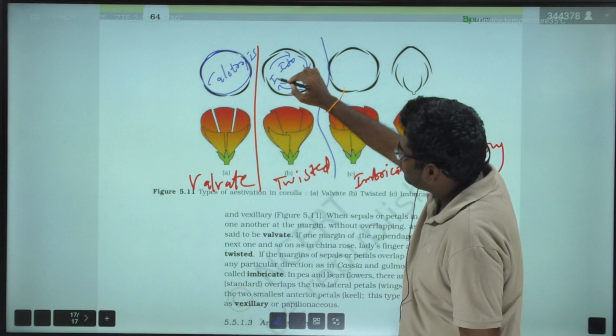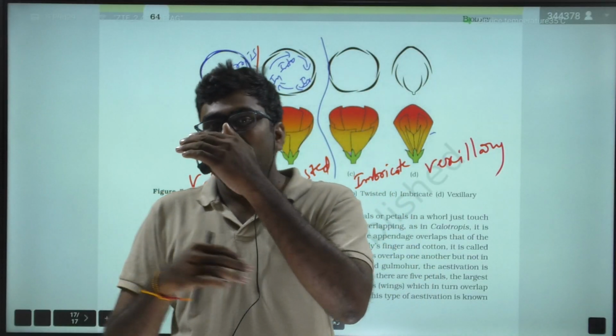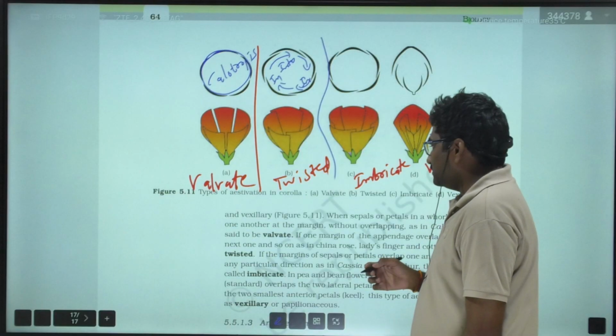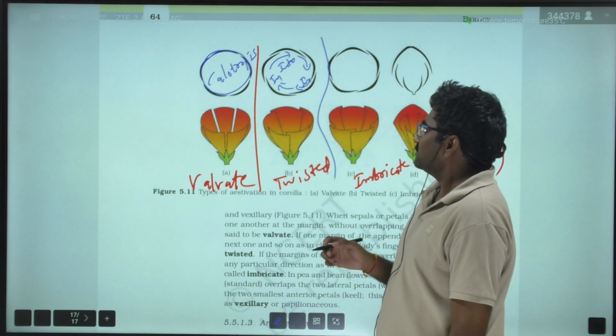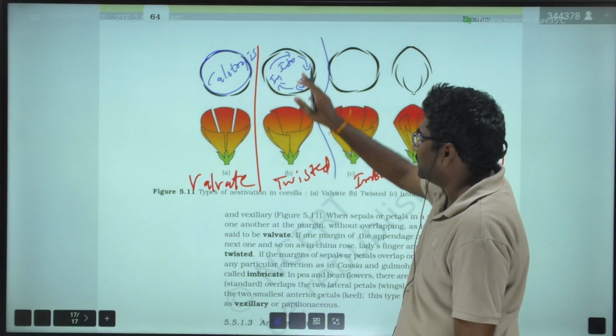So here overlapping is particularly in. That is why in twisted aestivation we can easily identify that the overlapping is in a regular direction or particular direction.